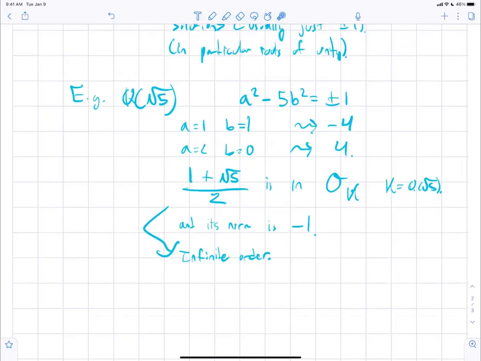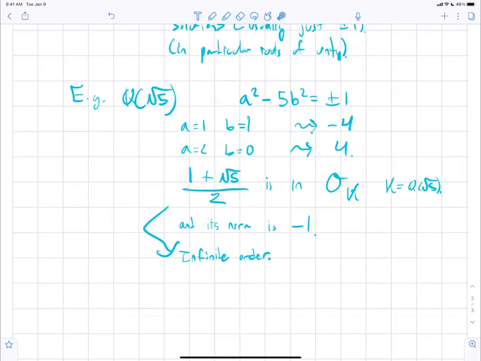Square root of 5 is bigger than 2, so 1 plus square root of 5 is bigger than 2. Sorry, this is positive. The numerator is bigger than the denominator, so this number is bigger than 1. If I think of it as a real number and take powers of it, it's getting bigger and bigger.